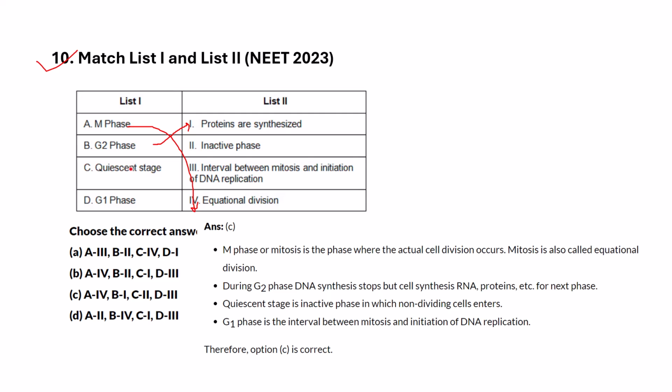Okay, so it is an inactive phase. G1 phase is the interval between mitosis and initiation of DNA replication. So the correct answer is option C.